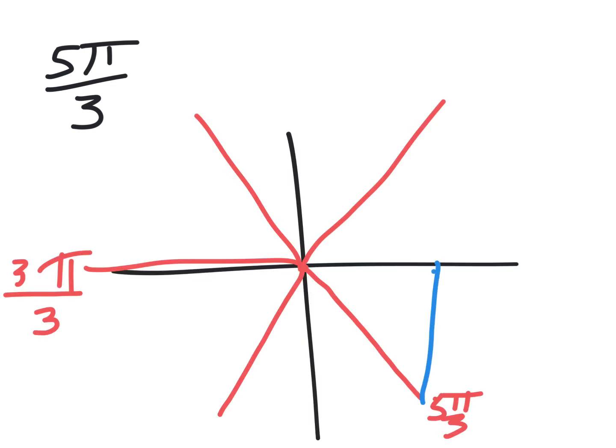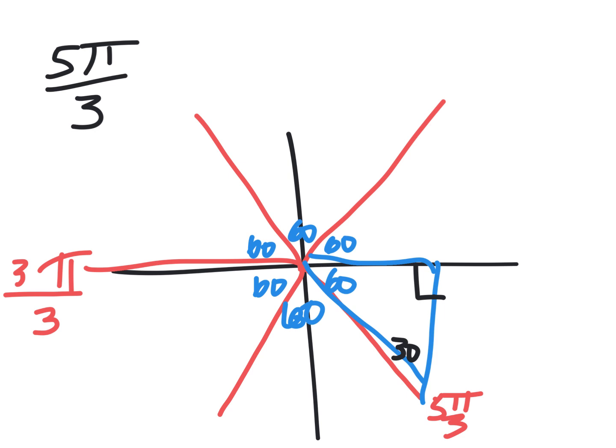Then you drop to the x-axis. And then you know that these wedges were all 60. 60, 60, 60, 60, and 60. Okay? So then that must mean that's the right part, and this must be 30. And now I've got my reference angle, and it's 60.